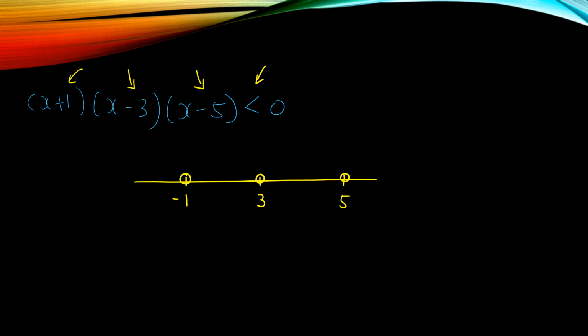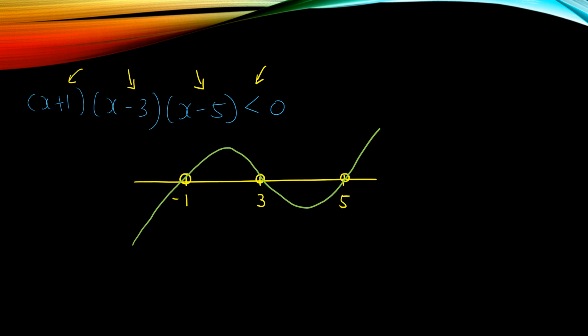Now, the first way is you can simply do it in a graphical way, because this is a positive cubic curve. A positive cubic curve will look something like this, passing through each of the 3 special values. Then we look at which intervals the cubic curve is actually below the x-axis, which is the horizontal yellow line.